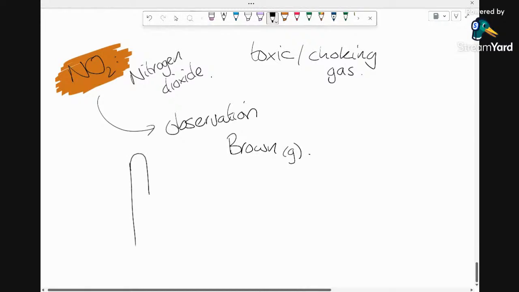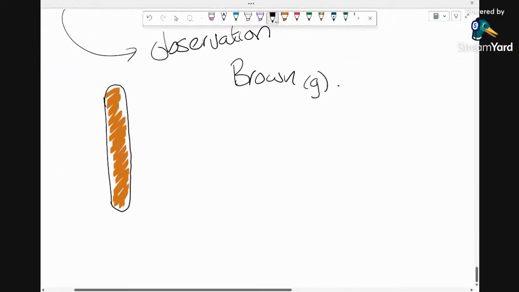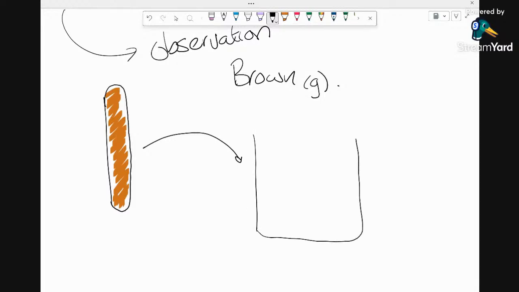If you had a sealed tube containing this brown gas, you put it into a beaker of warm water.